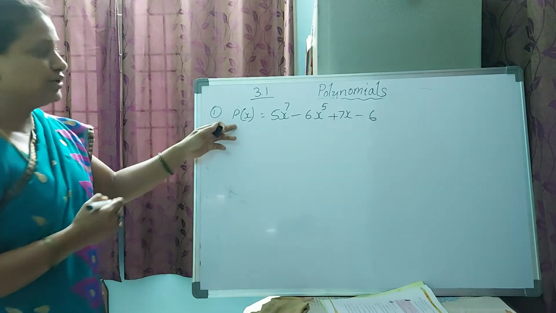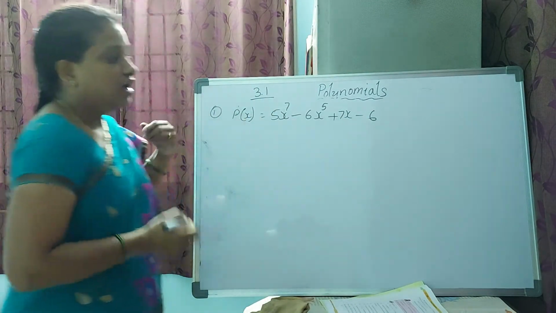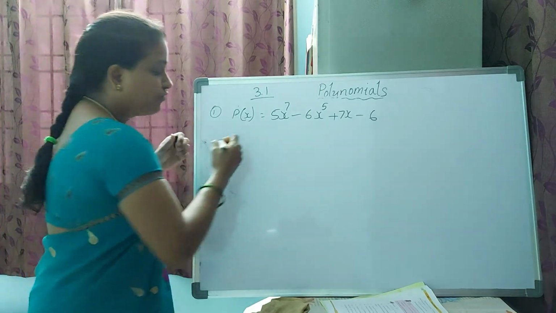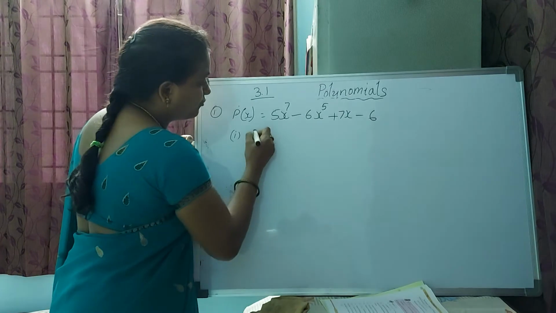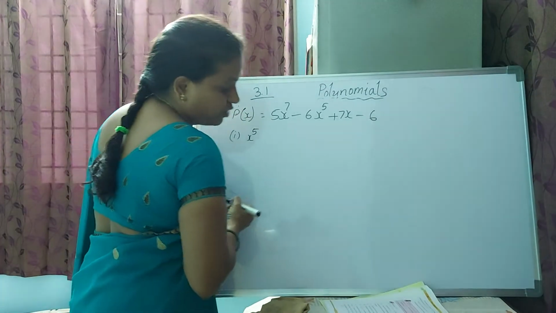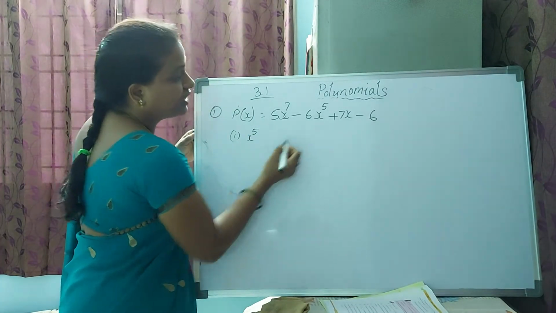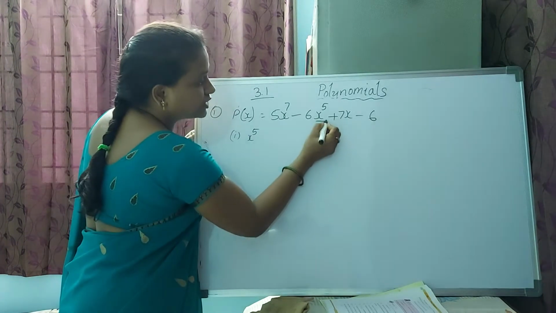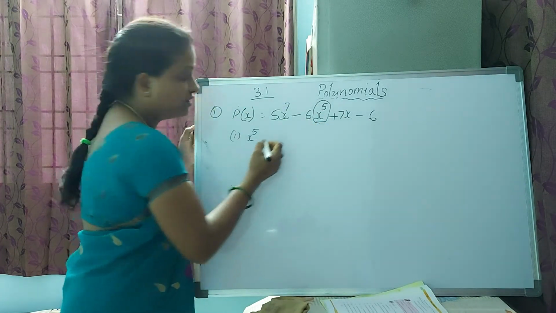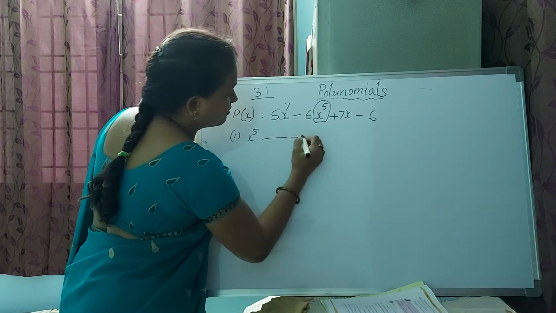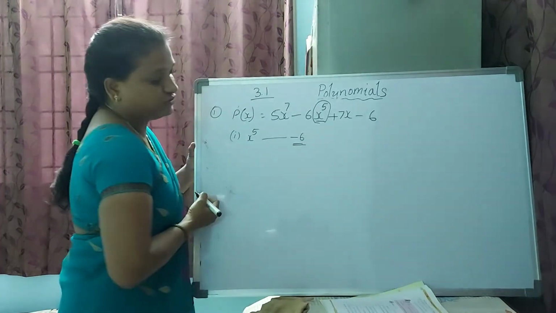See, this is P of x. This is a polynomial. Now, what did he ask you? First question, the coefficient of x to the power of 5. What is the coefficient of x to the power of 5? See here, x to the power of 5 is here. So, what is the coefficient of this one? Minus 6 is the coefficient.